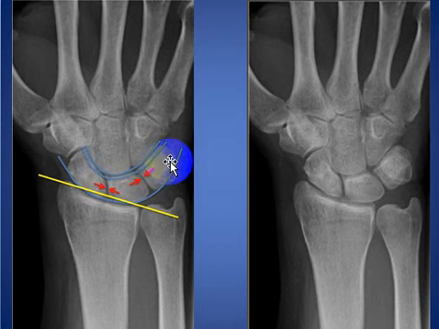The third one is along the capitate and hamate, approximately as in the third line.